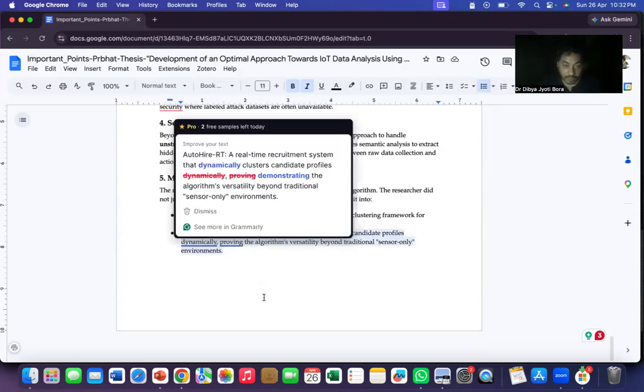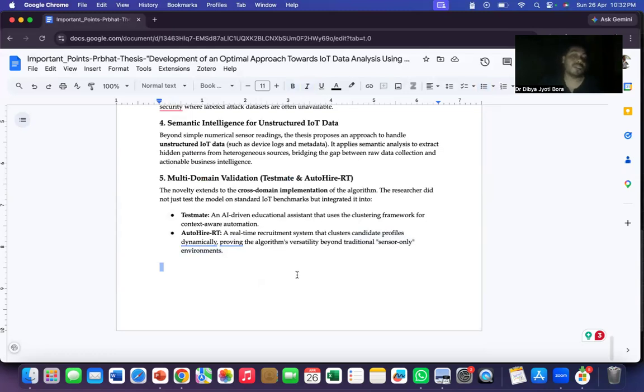Then AutoHire is a real-time recruitment system that clusters candidate profiles. Candidate profiles means we are talking about those who are actually sending resumes or CVs, right? So it clusters the candidate profiles dynamically, proving the algorithm's versatility beyond traditional sensor-only environments. So multi-domain validation is done.